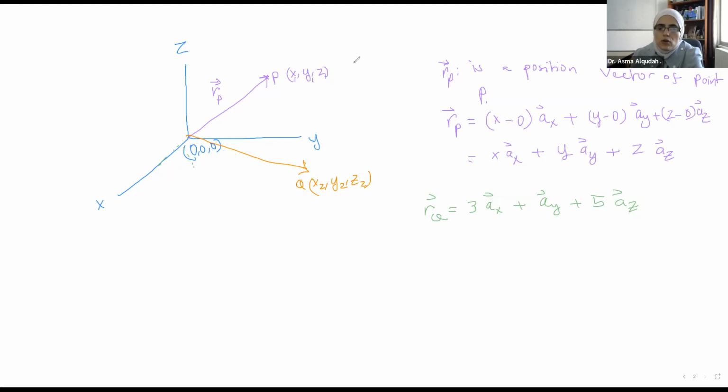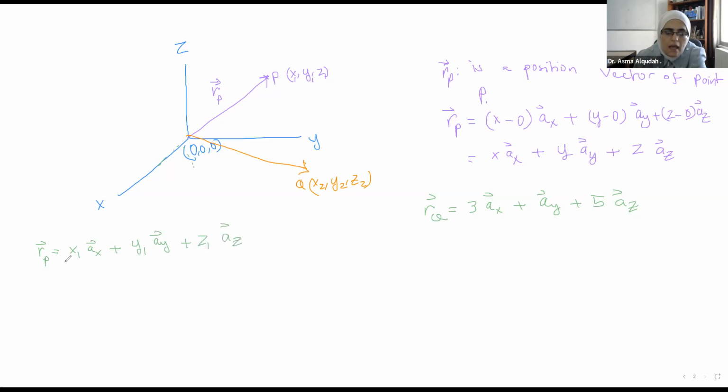Now, each of these 2 points has its own position vector. So P will have its position vector, which is R sub P equal to x1 A sub x plus y1 A sub y plus z1 A sub z.